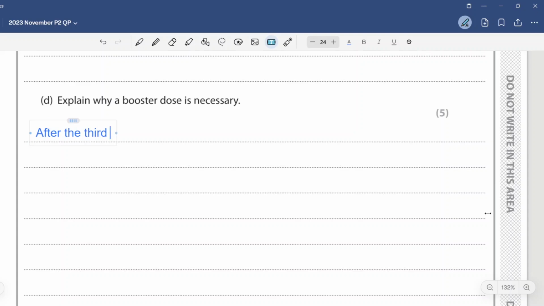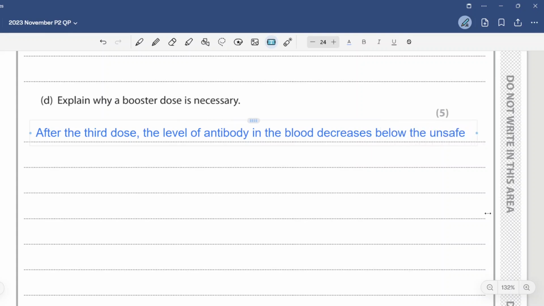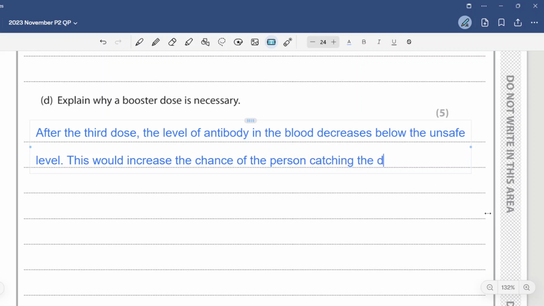All right, let's answer part D. After the third dose, the level of antibody in the blood decreases below the unsafe level. This would increase the chance of the person catching the disease.